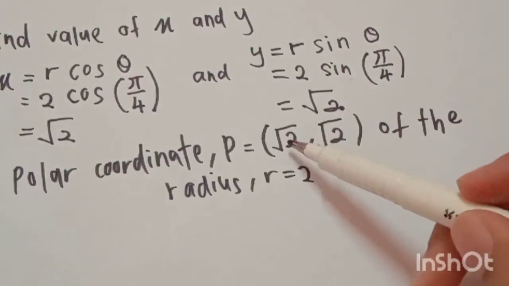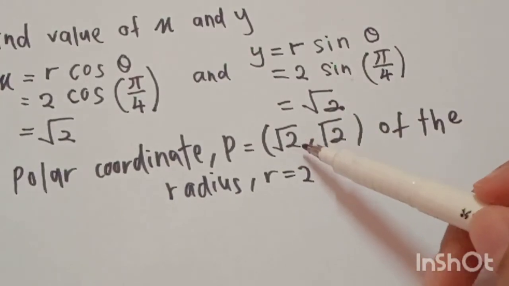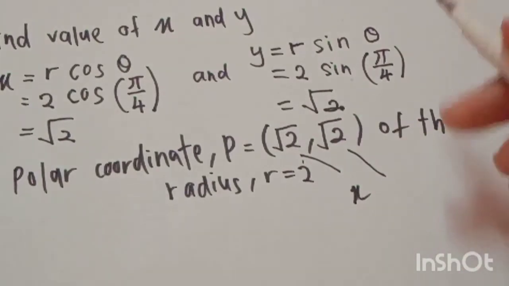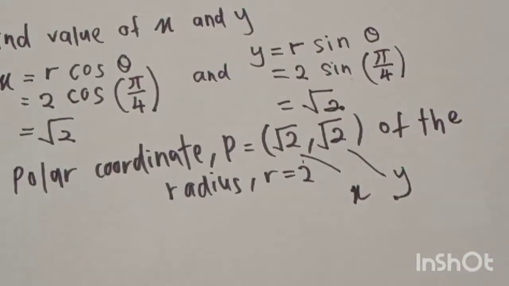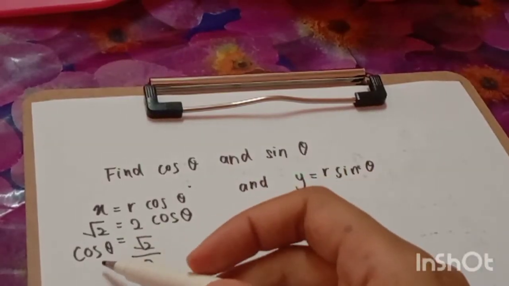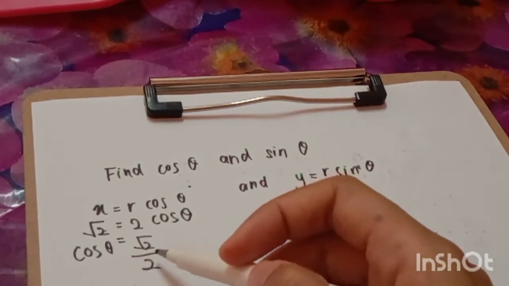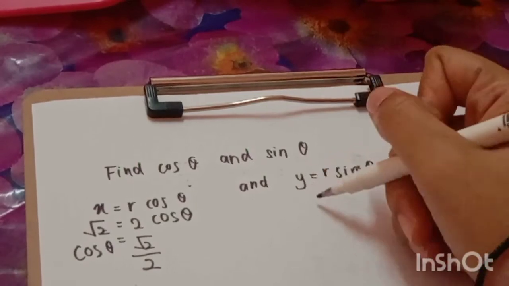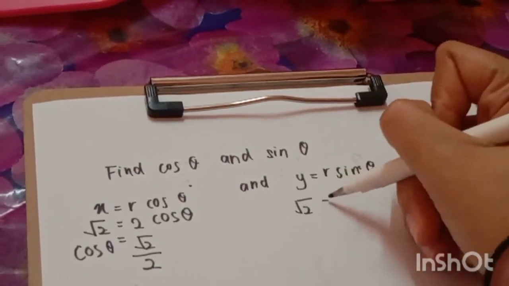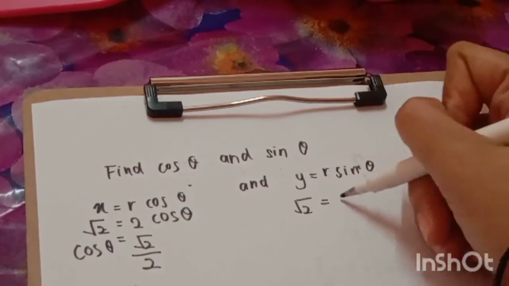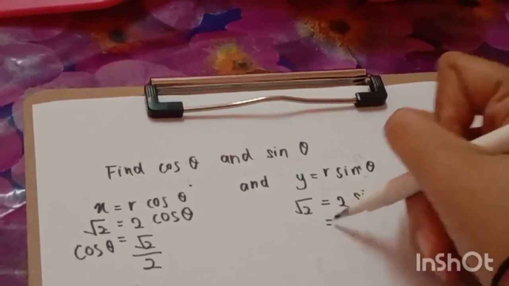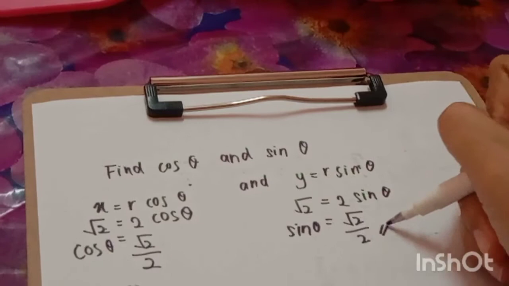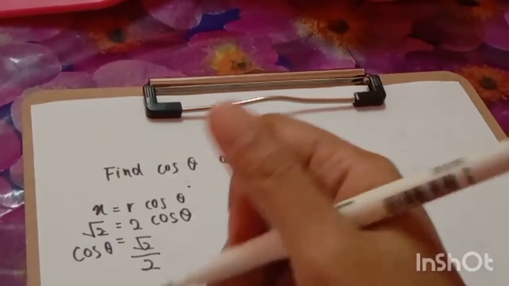We know that the first square root 2 is the value of x and the next square root 2 is the value of y. Now we get the answer cos theta equal to square root 2 over 2. Now we want to find sine theta. We also know y is equal to square root 2 and r is 2. Sine theta is square root 2 divided by 2. This is the answer.